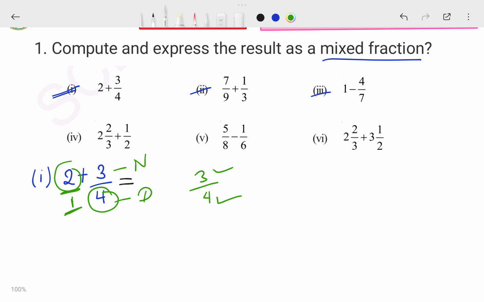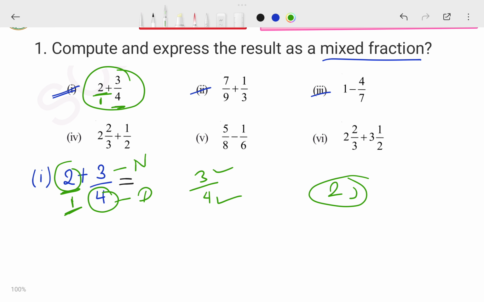In a fraction, the 4 is a denominator, but here there is no number, so we cannot take 2 or 3 or any other number in the denominator. If a numerator is there and a denominator is not there, we always take 1. I hope you understand.